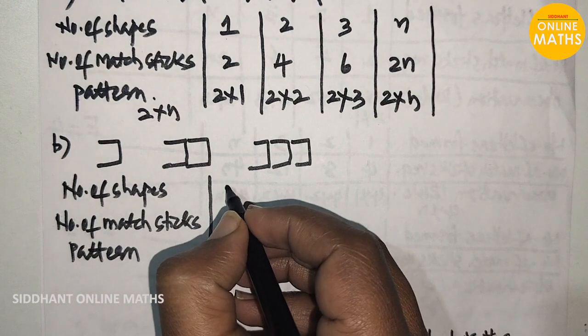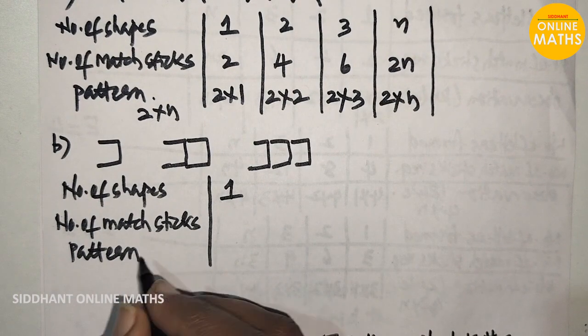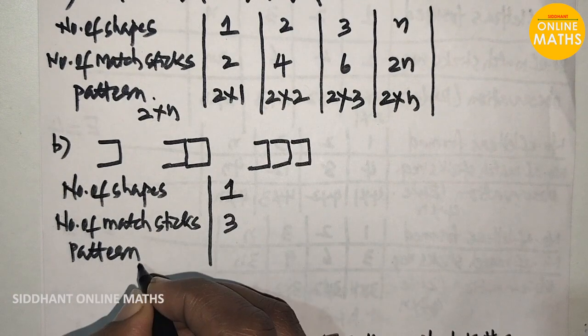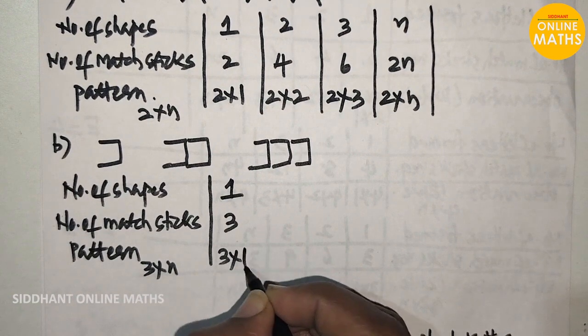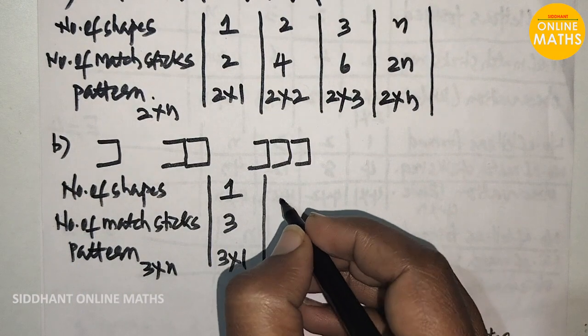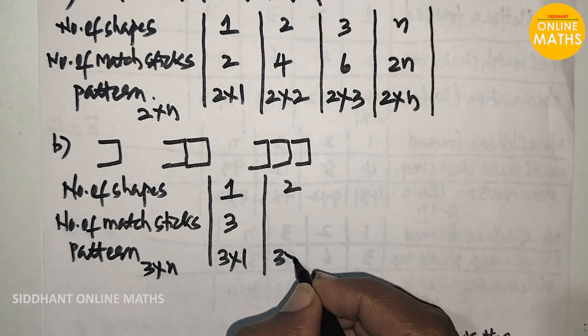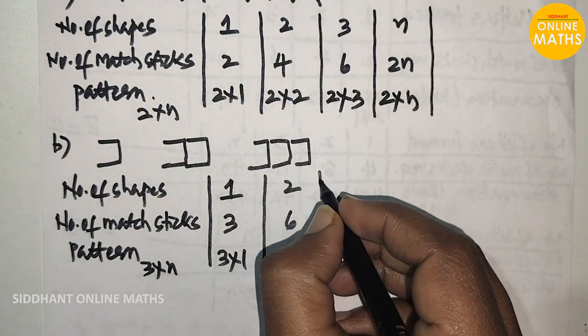So number of shapes required here is 1, then the number of matchsticks are 3. The pattern will be 3 into n and here 3 into 1. If the number of shapes are 2, the pattern will be 3 into 2, and number of matchsticks required are 6 here.